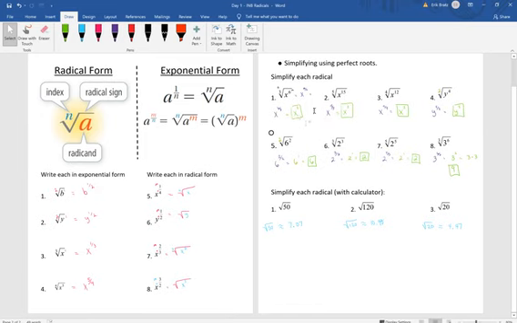We then simplified those radicals. We took a radical, we wrote it in exponential form, and we just simplified the powers. So 6 divided by 3 gives me 2, and we just made it a nicer number. And then finally, I showed you how to use the calculators, second x squared, or second and then the little radical sign, and we're approximating the decimal value to match with our answer choices.